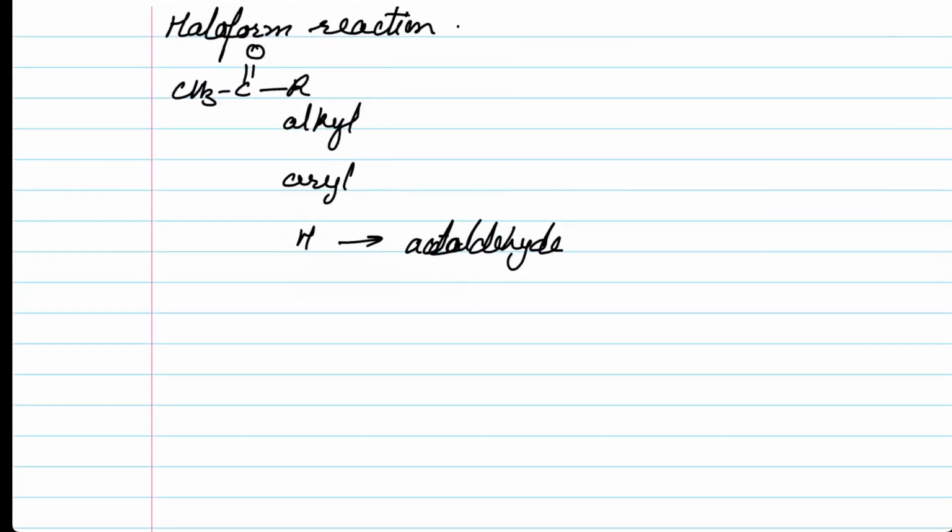Now here, this particular methyl ketone or methyl carbonyl compound reacts with three equivalents of OX minus. Now this is what we call as the hypohalite ion, not halide but hypohalite ion.